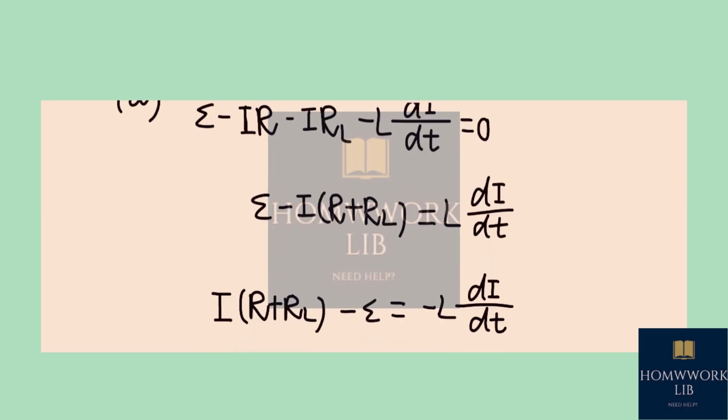So if we do some arrangement here, we have epsilon minus I times (R plus RL) is equal to L times di/dt. And then we can put a negative sign on each side.